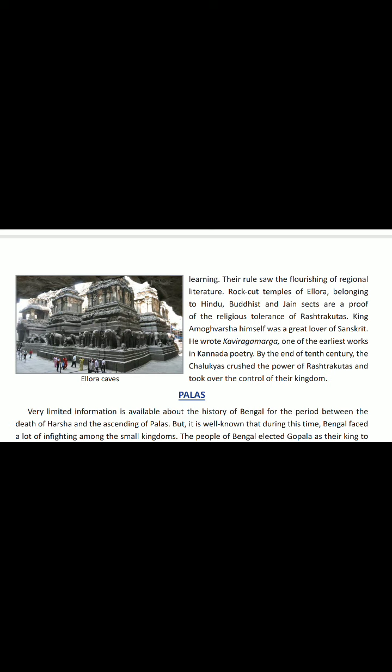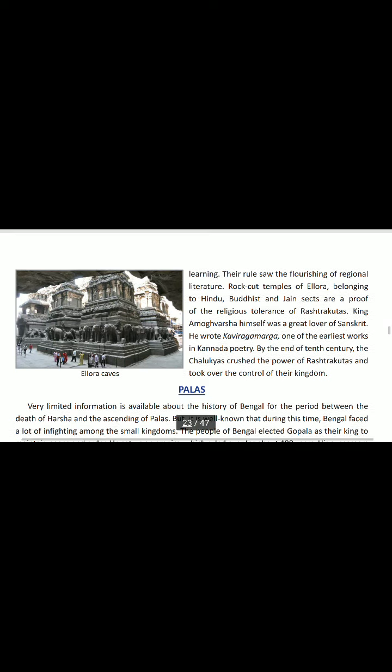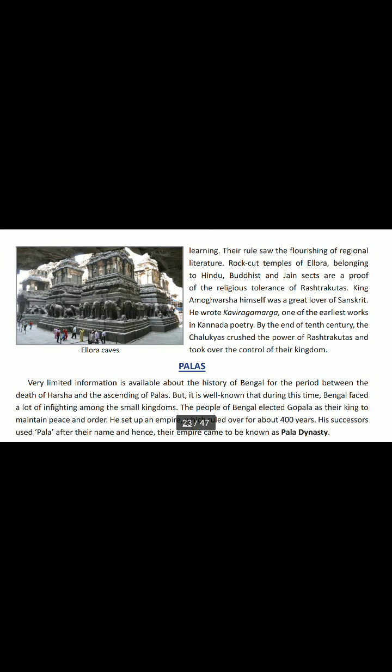What do you mean by regional literature? Regional means local. The rock cut temples of Ellora belong to Hindus, Buddhists and Jains. This is an example, the Ellora caves, where all three religions, Hindu, Buddhist and Jain, are proof of the religious tolerance of the Rashtrakutas. King Amoghavarsha himself was a great lover of Sanskrit.